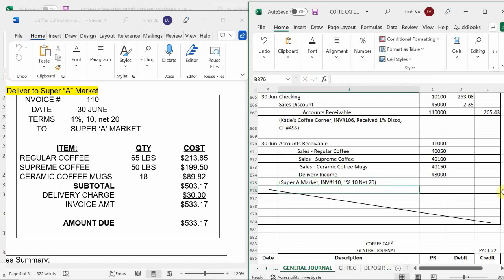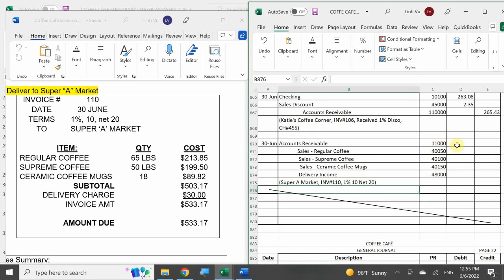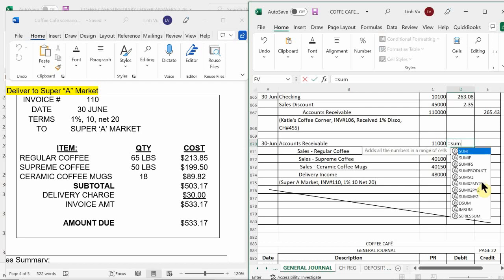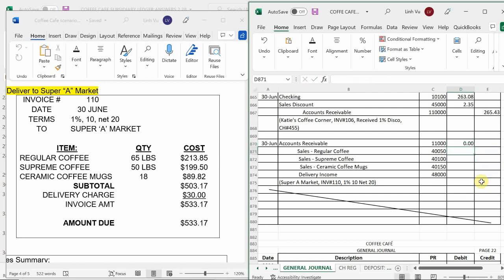All right, so let me see. We got an accounts receivable grand total here. So I'm going to put my equal sum in here so that I am able to calculate my total debits. So let's see, we sold 65 pounds of regular coffee for $213.85.